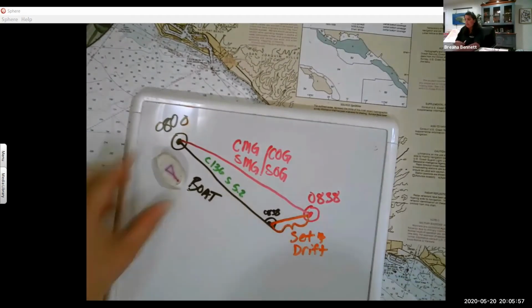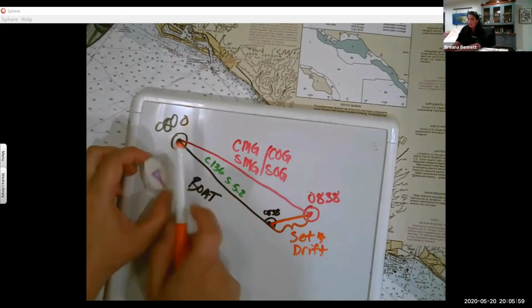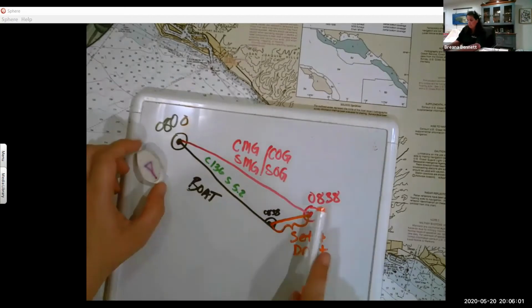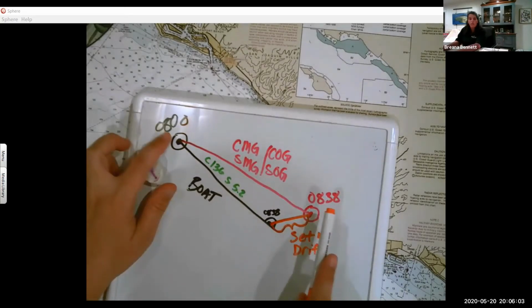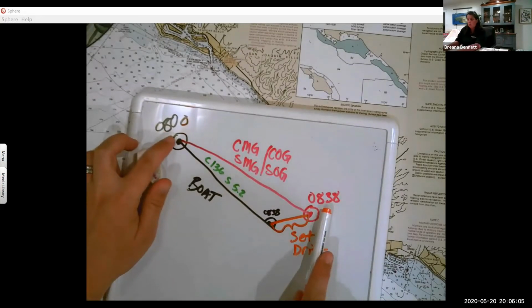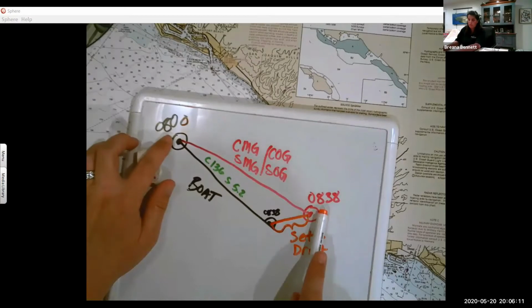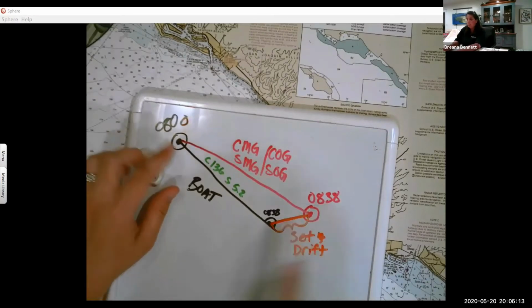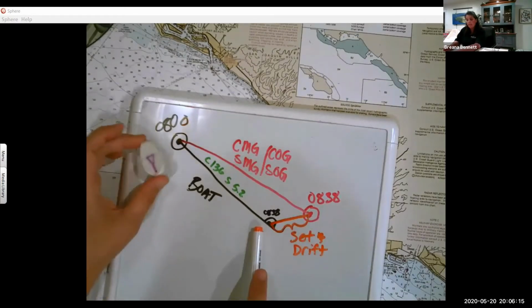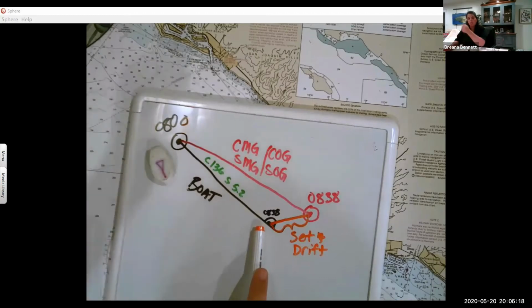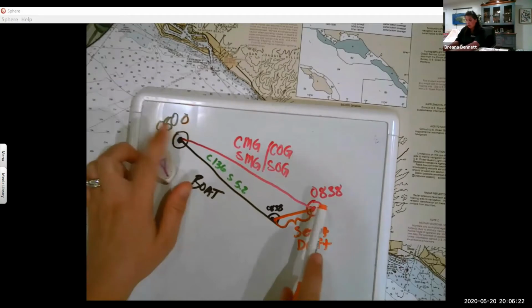So the line from a past position to a new position is where your wake went, where you actually traveled from an old position to a new position, even though your boat was heading something else and the speed was chugging along at something else. Your speed made good and your course made good can be something different.